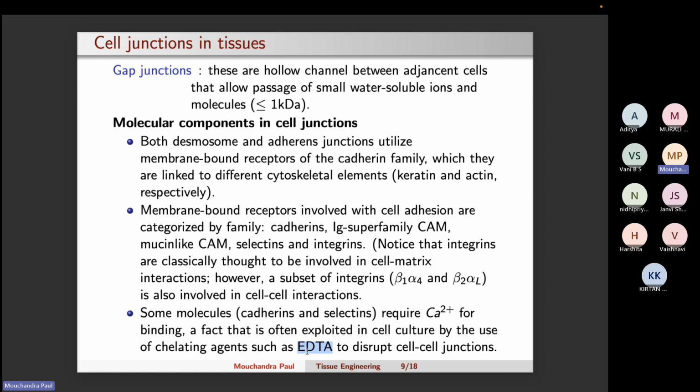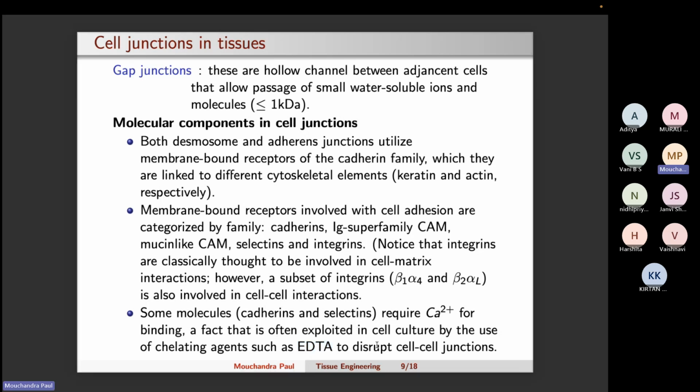It can easily bind to these kinds of divalent cations and thus disrupt the cell-cell junctions. And then if we do that, we can easily get single cell suspensions. So that is the role of EDTA when you are doing trypsinization in cell culture.